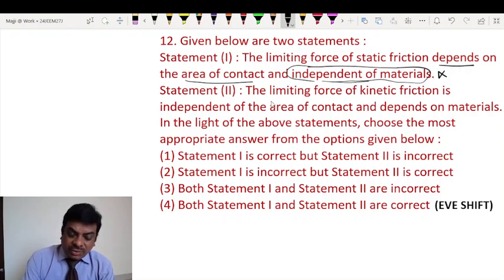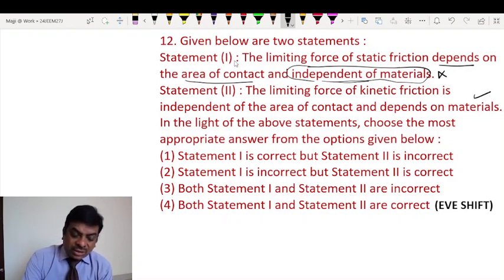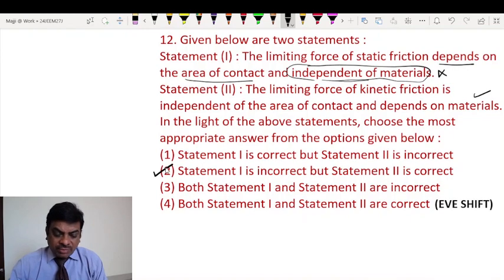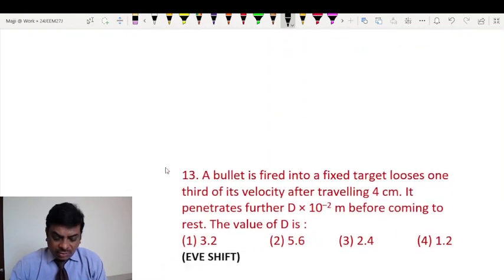Then coming to statement 2, the limiting force of kinetic friction is independent of the area of contact and depends on material. This is absolutely true. This is what we require actually. So statement 1 is false and 2 is true. So 1 is incorrect and 2 is correct. So the correct option will be 2. Okay, students? Right. Moving on to the next question.